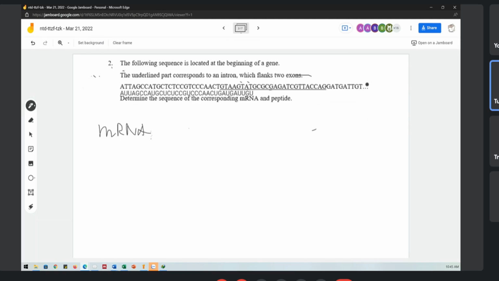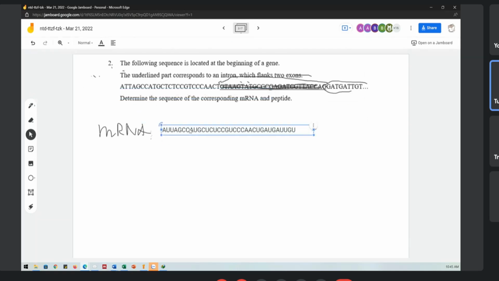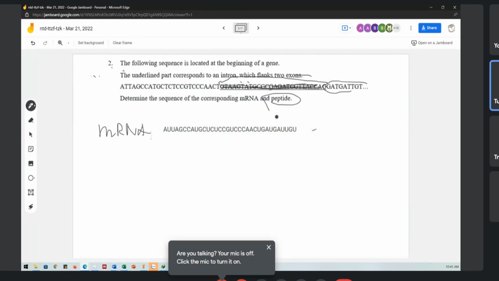Okay, and this part actually goes up here because in translation the intron doesn't play a role here, it doesn't have coding sequence. So in fact the mRNA is just this sequence. Okay, and the next thing is to determine the peptide sequence.